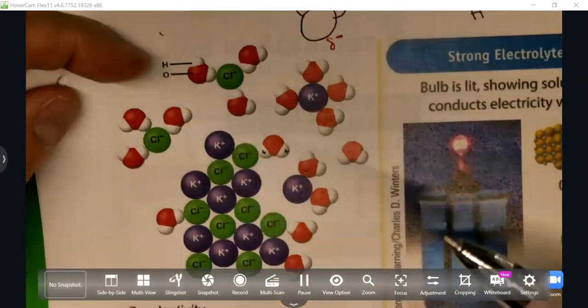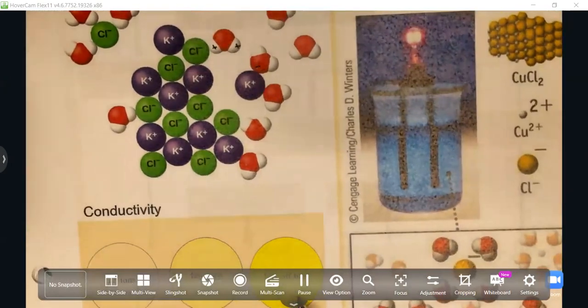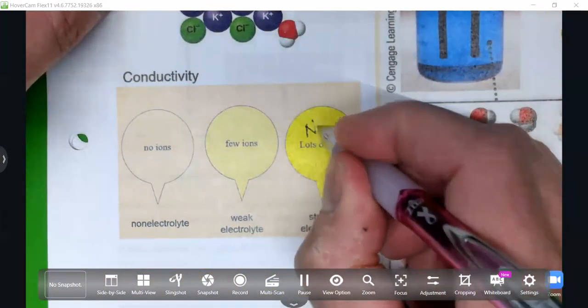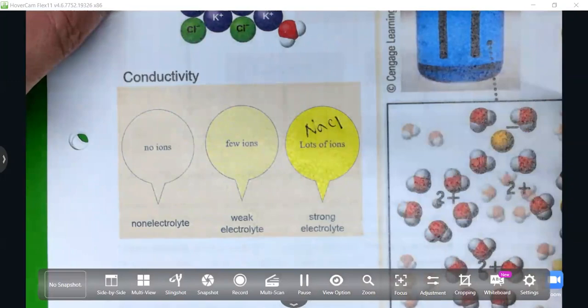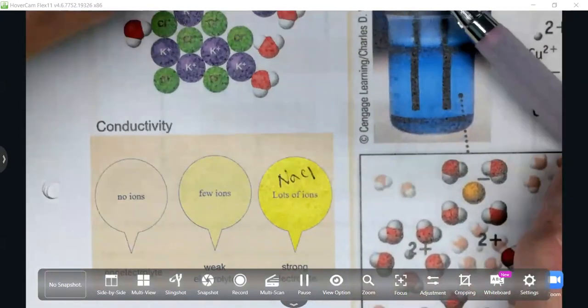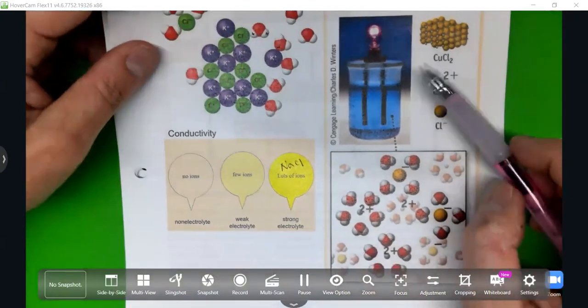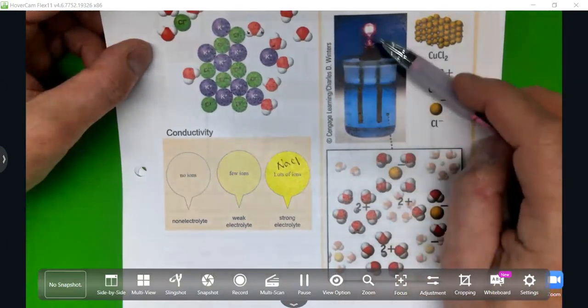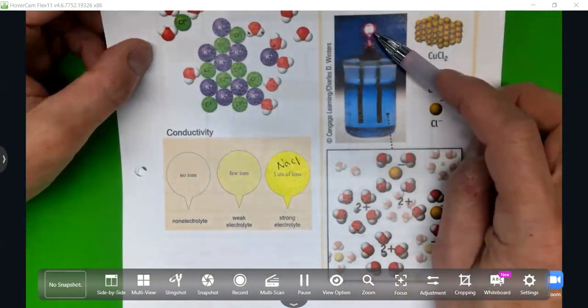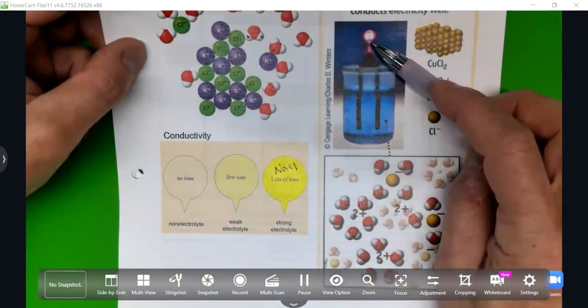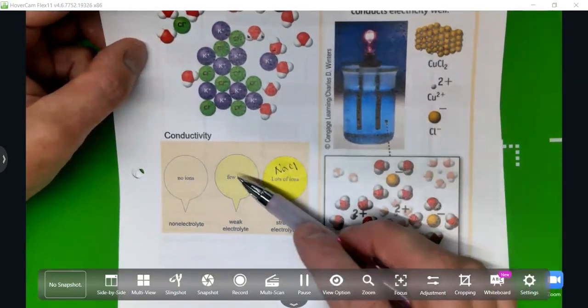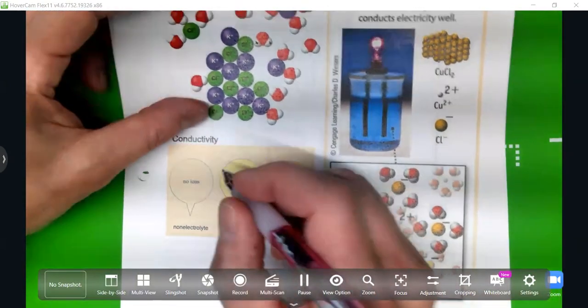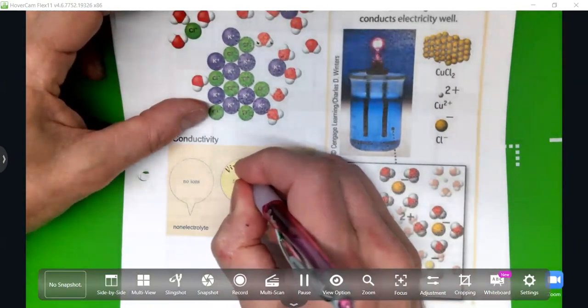If you produce a whole lot of ions, like NaCl, you are going to get electricity to flow through this solution to beat heck. You're going to get a very strong light bulb. Few ions, probably the best example is vinegar.